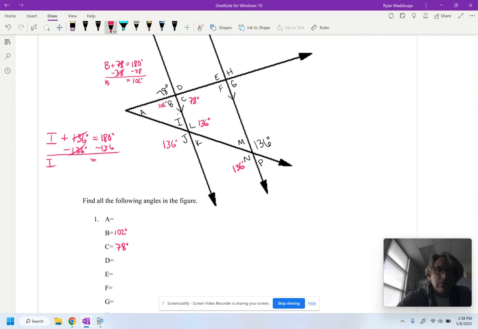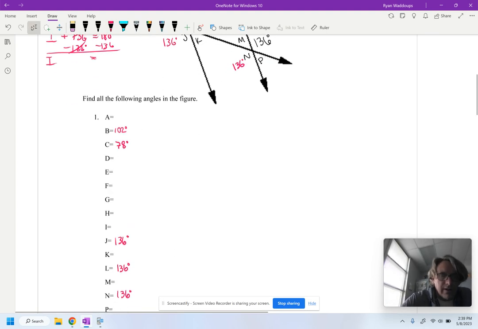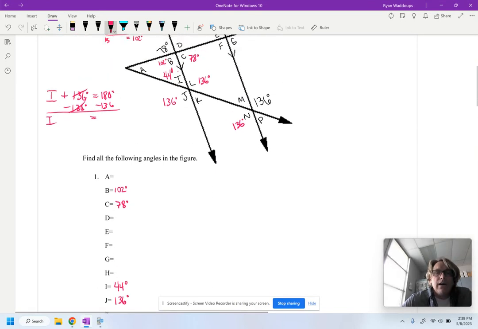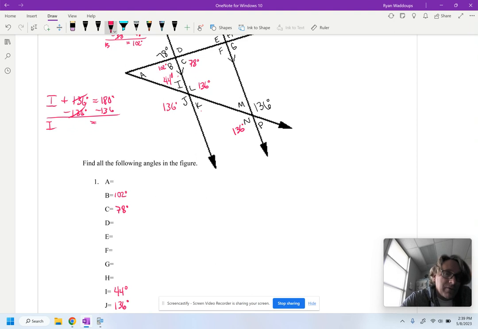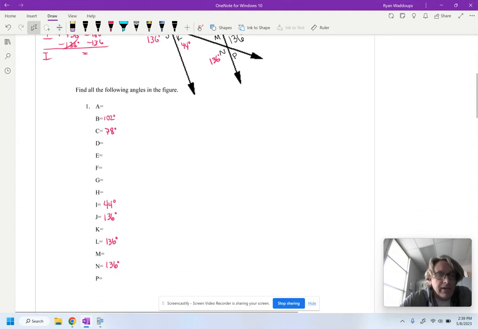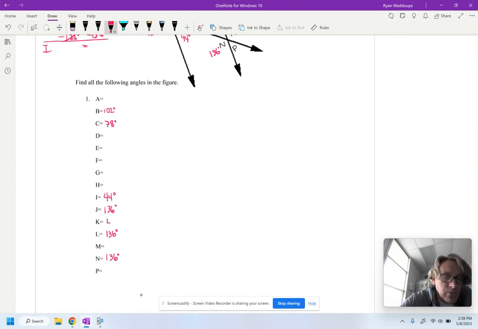And so I is 44 degrees. So I can write that in here. And K would also be 44 degrees because they are vertical angles. So K is also 44 degrees.